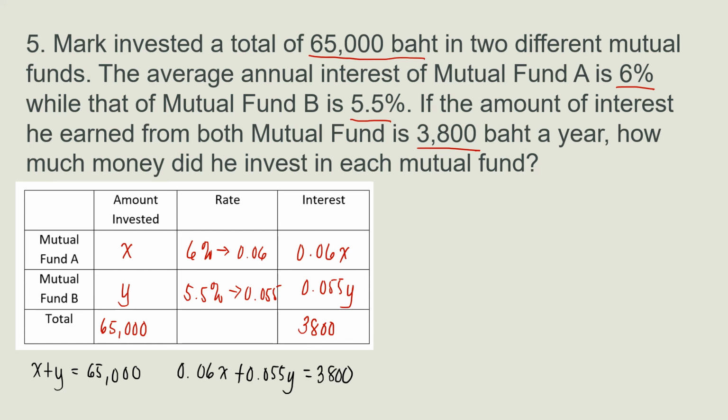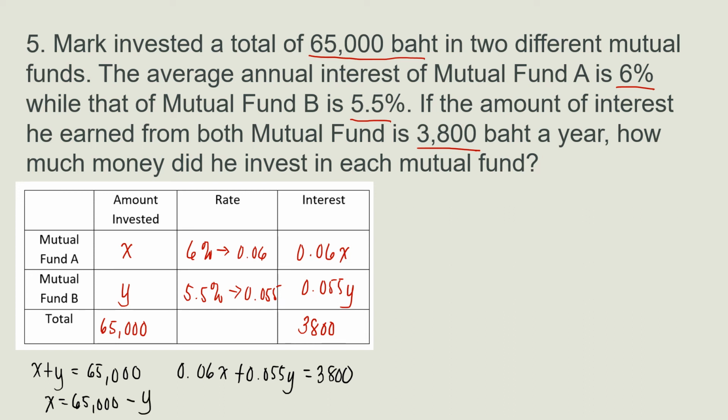For this problem, let's try substitution. Let's rewrite the first equation, solving for x. It's also okay if you solve for y, since their coefficients are both 1. If you rewrite this, x is equal to 65,000 minus y.